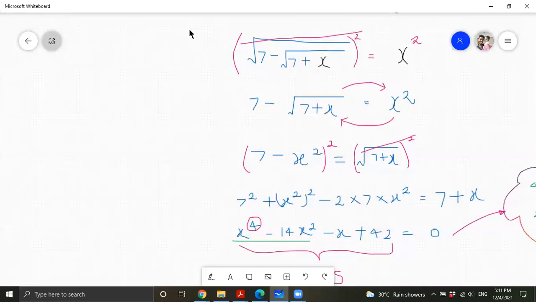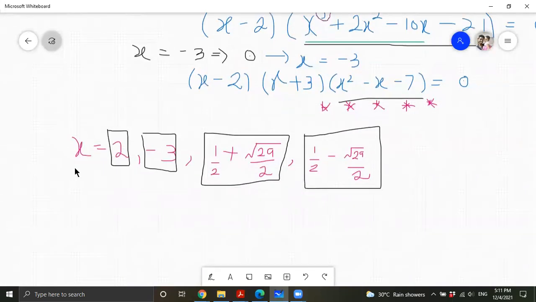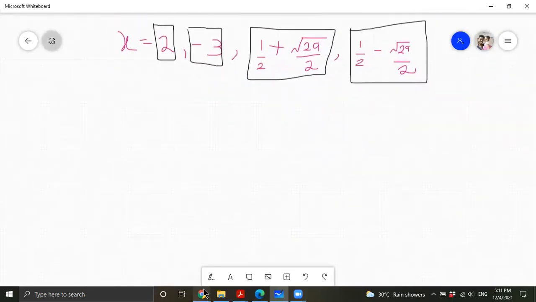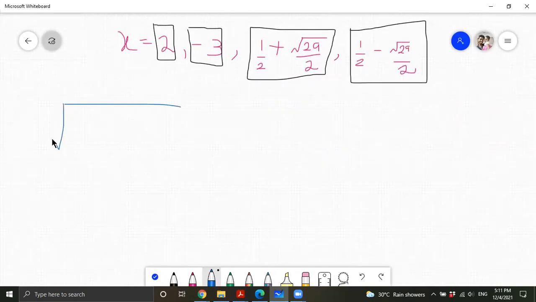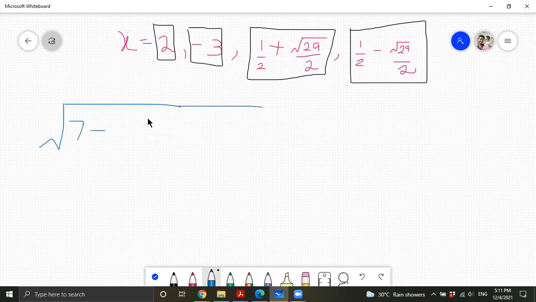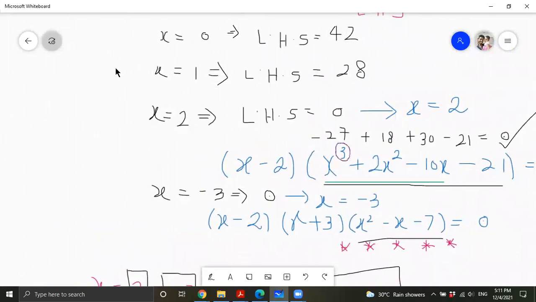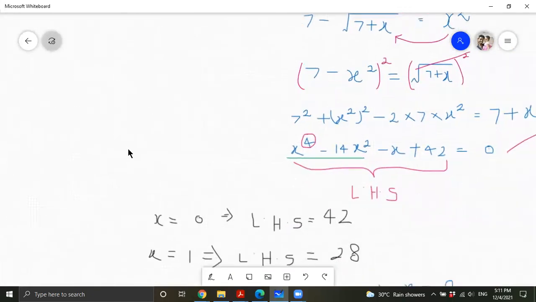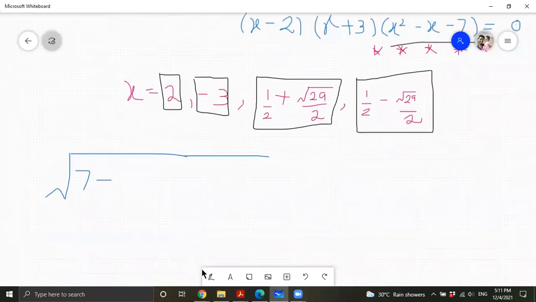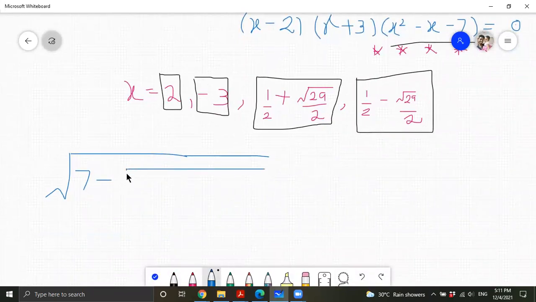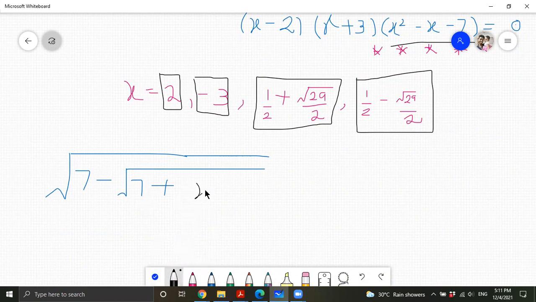yeah, so let me again rewrite this so that, guys, you can visualize it in a nice manner. Okay, so 7 minus, I forgot, minus square root of 7 plus, instead of rewriting it, I'll put x here, right?